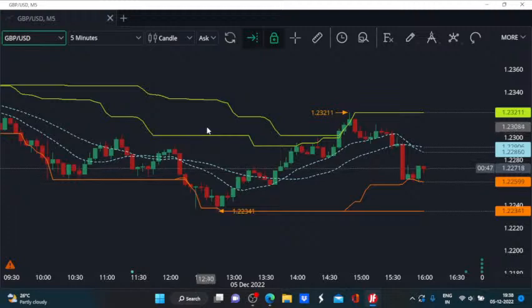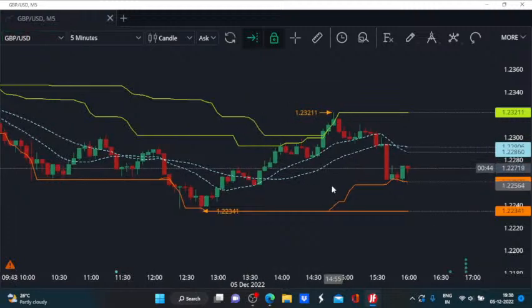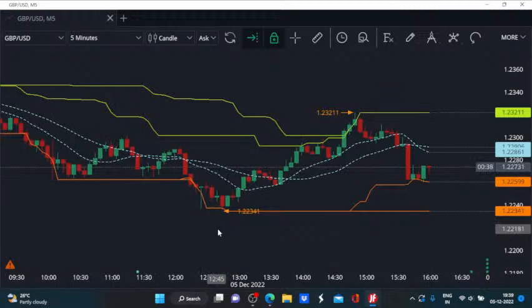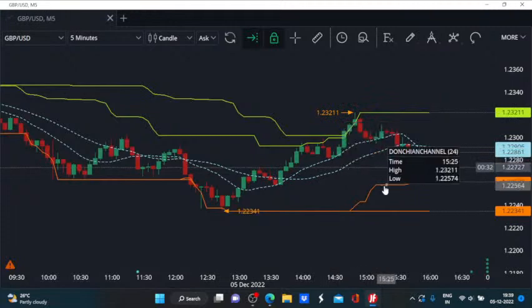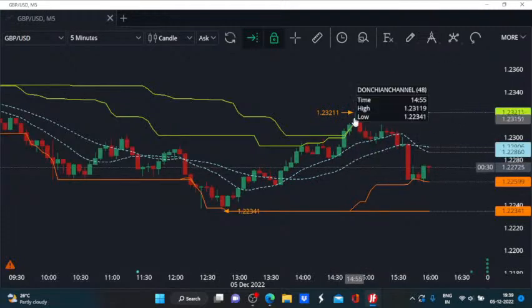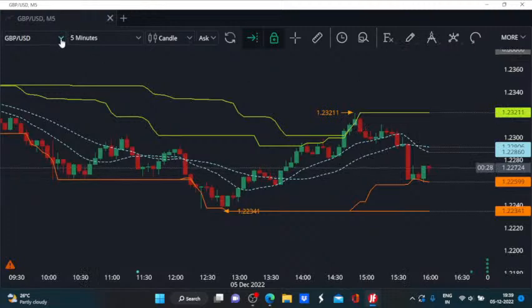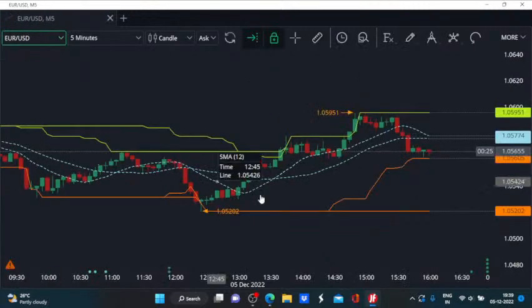For GBP USD, it is looking like a middle of the pack currency. It is not showing strong momentum on either side. As of now, it is holding on to the prior gains, but it has declined more in terms of magnitude compared to the Euro USD. That is something to be kept in mind as well.